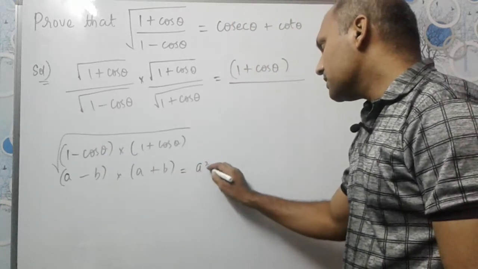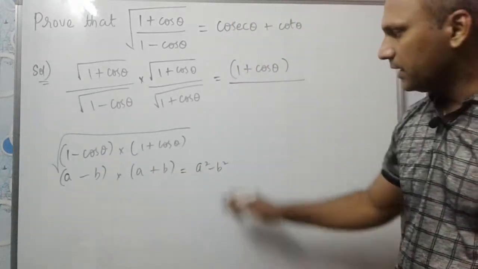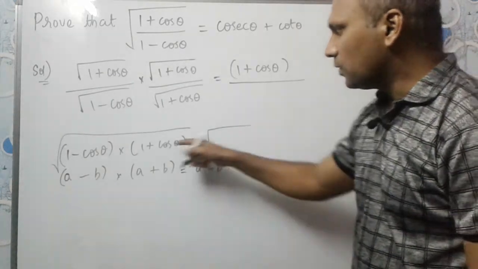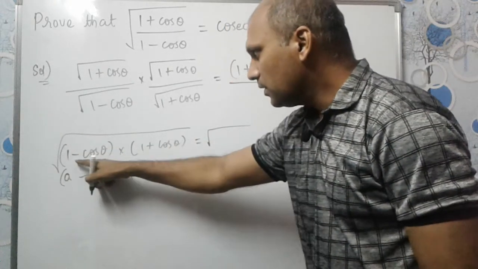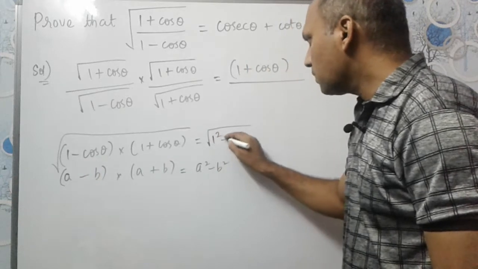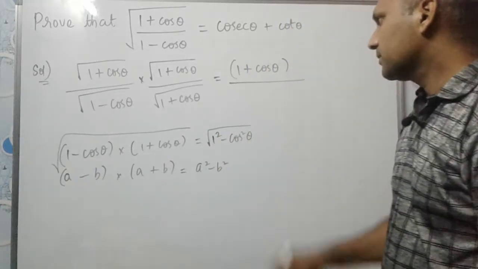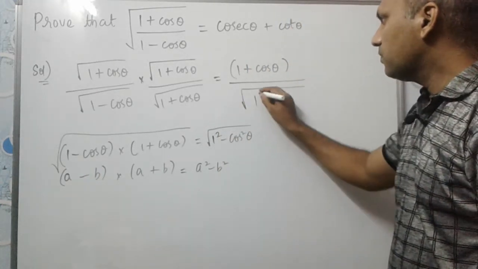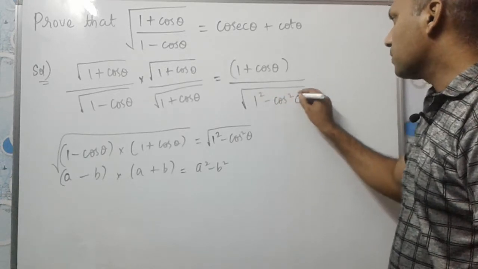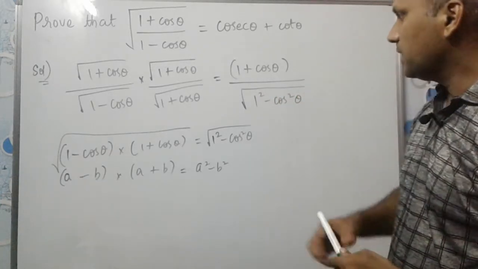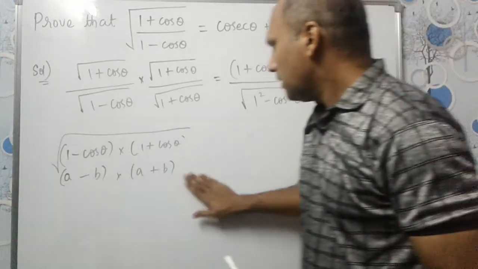So this will be a square minus b square, and don't forget the root. This will be the root of 1 square minus cos square theta. I hope you understood this.